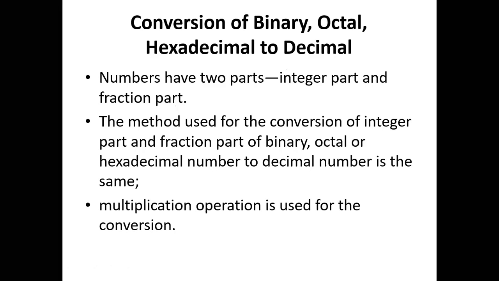Now, converting from binary, octal, hexadecimal to base 10. Let's say you have a number in binary and you want to convert to decimal, or a number in hexadecimal that you want to take to decimal.